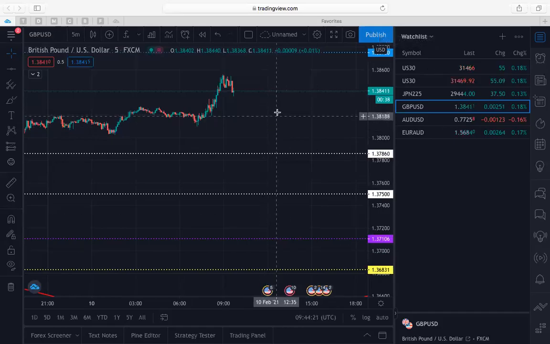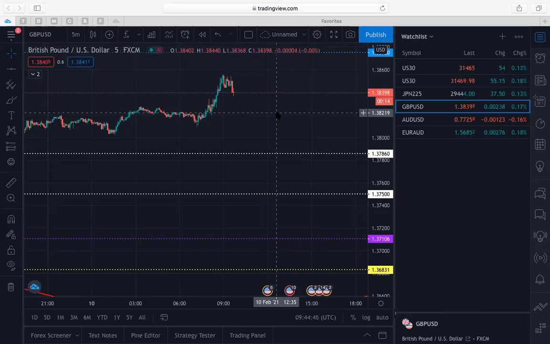Understand the steps. So what I do is first I go to check the sentiment on IG. Then I will go on TradingView to check for the currencies that are, in my case, strong buy or strong sell.